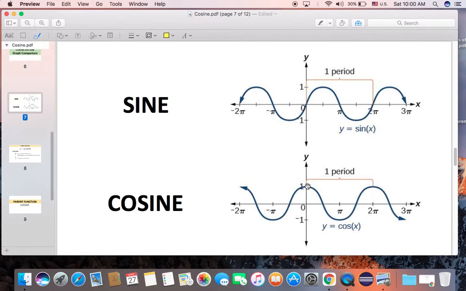It's not start from 0 like sin. You see, 1 and 2 pi, 2 pi and then 3 pi. You see the graph for y equal cos h, and this one the graph for y equal sin h.